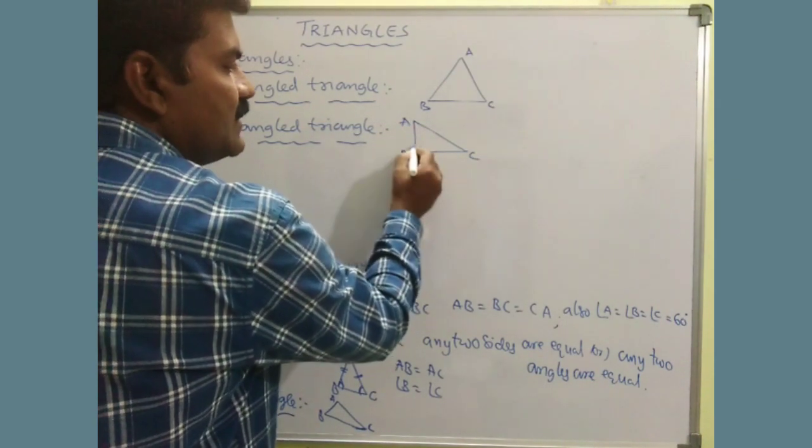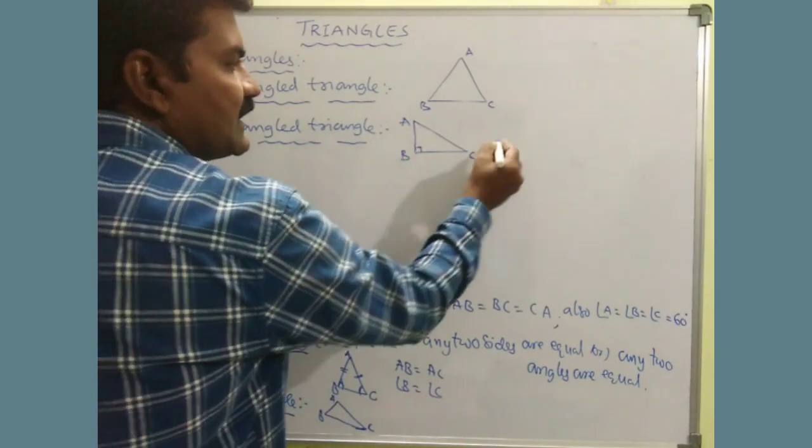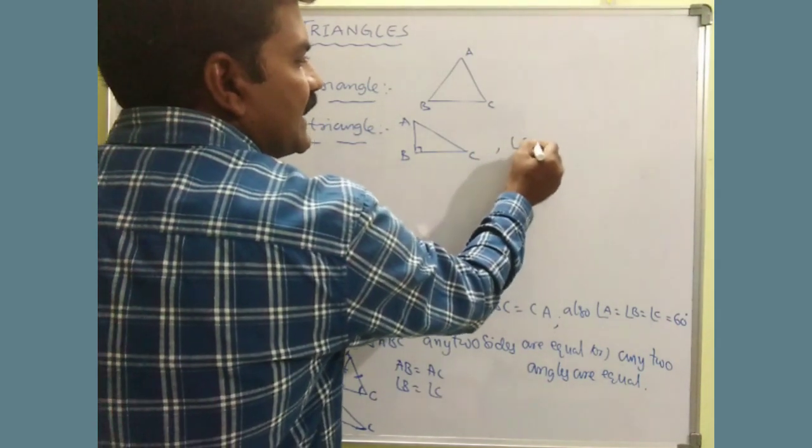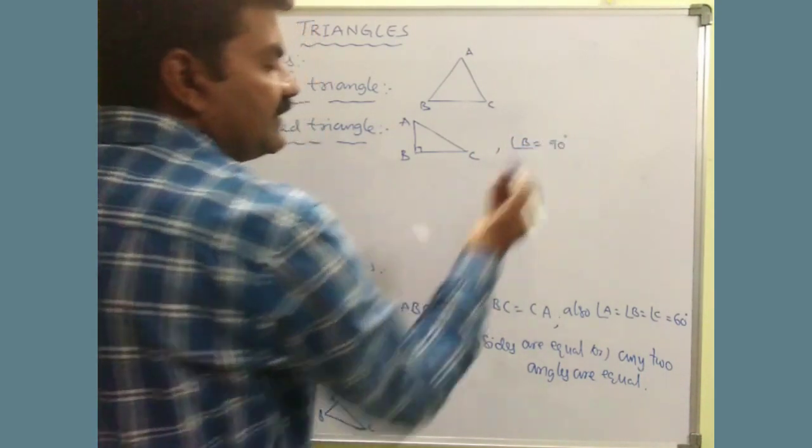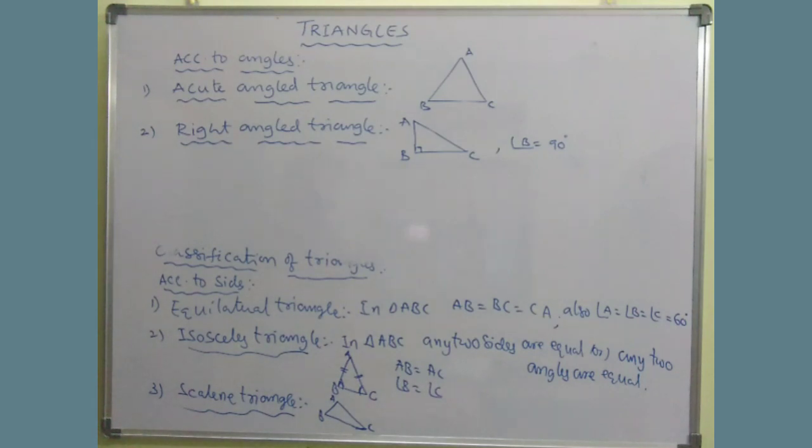Suppose this is triangle ABC, and clearly it is mentioned here that angle B is a right angle, 90 degrees. So a triangle in which one of the angles is a right angle is called a right angled triangle.